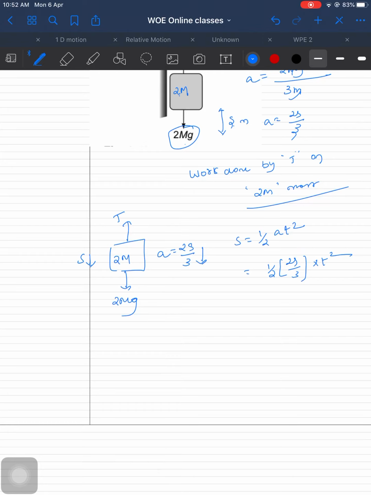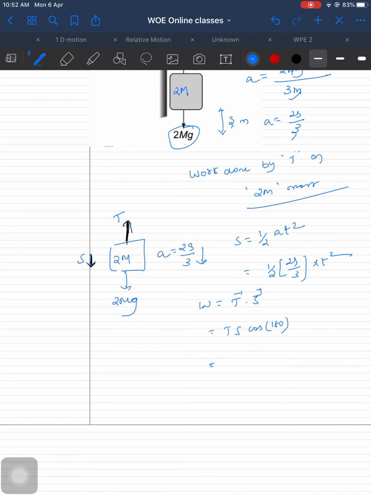So we got the displacement vector. The work done is equal to tension vector dot s vector. What is the angle? The tension is in the upward direction and the displacement in the downward direction, so the angle is 180 degrees. I am writing T s cos 180.